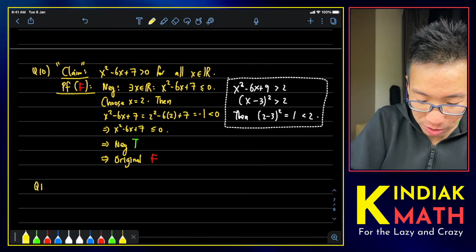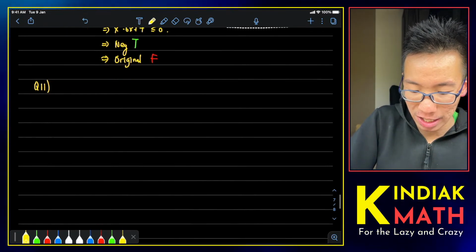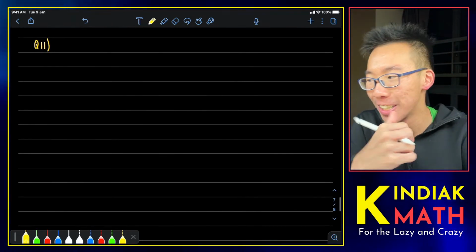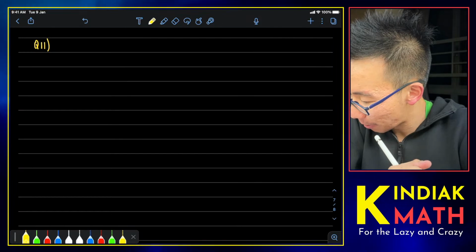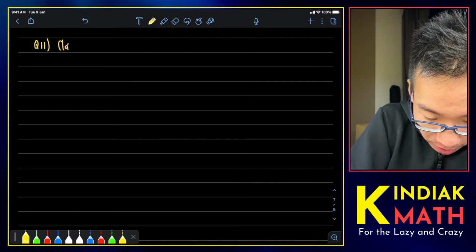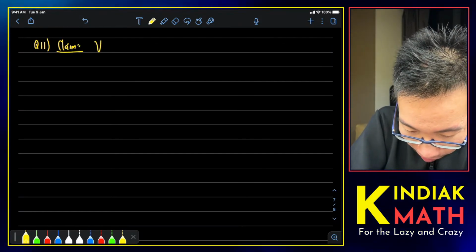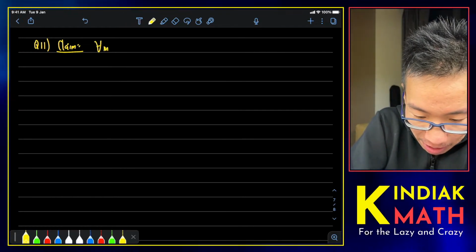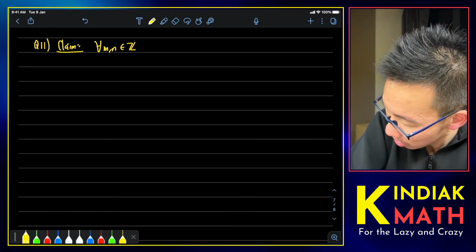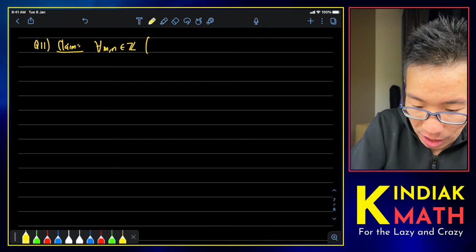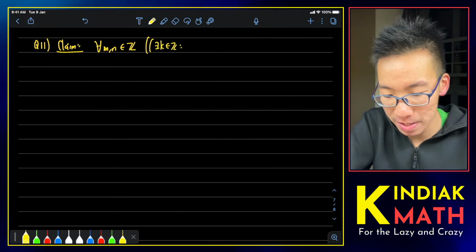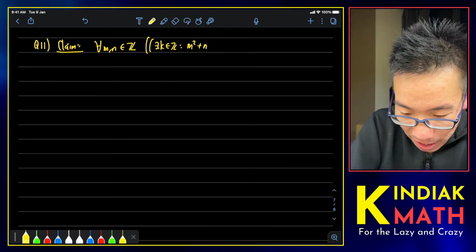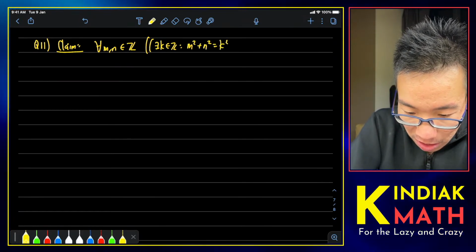Now for the last one, which is the last one for the day, and we'll look at sets the next time around. We claim that for any integers m and n, suppose we can find some integer k with the property that m squared plus n squared equals k squared.